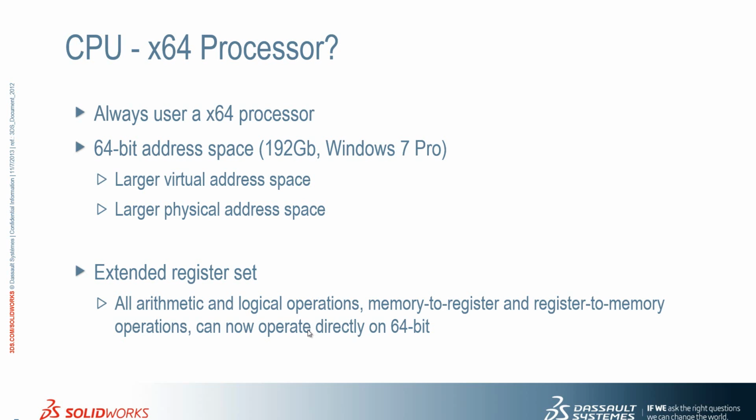I think from next year's version, so 2015, I don't think 32 is supported anymore. So at that point you'd have to update anyway. Also has an extended register set in 64-bit, so the algorithmic and logical operations, memory to register and register to memory operations can now operate directly on 64-bit, and that's to do with the way SolidWorks works with it, and other programs.